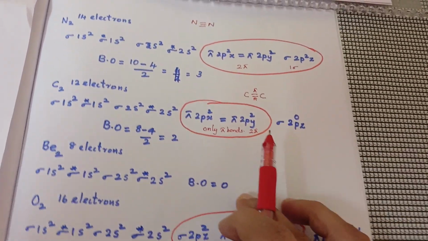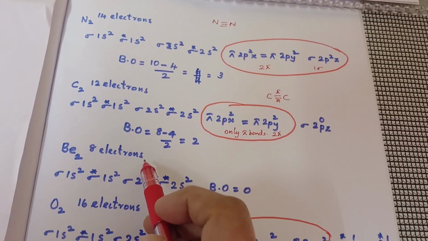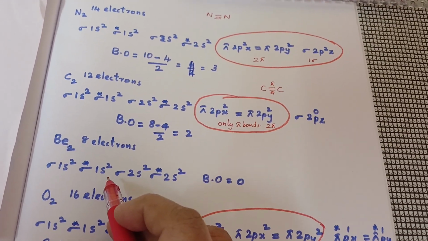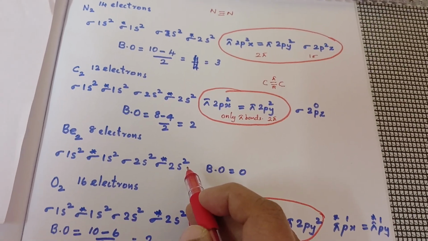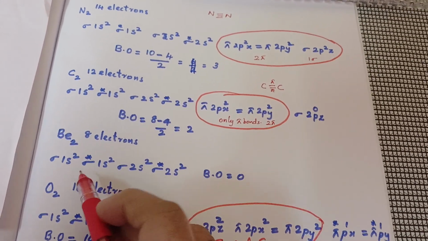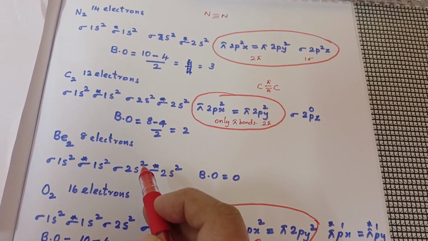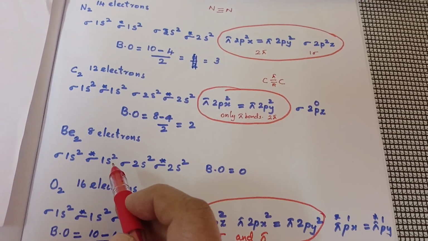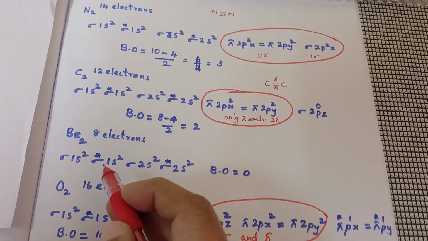What about beryllium, Be2? There are altogether 8 electrons, 4 each. So sigma 1s2, sigma anti-bonding 1s2, sigma 2s2 and sigma anti-bonding 2s2. Here you can see number of bonding electrons are 2 plus 2, 4. Anti-bonding electrons are also 4.